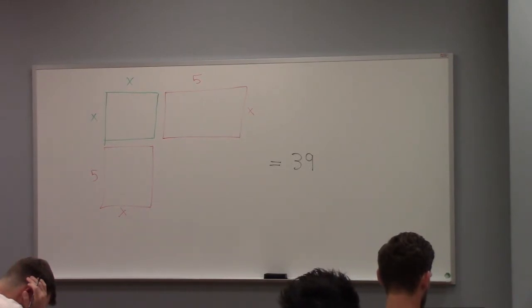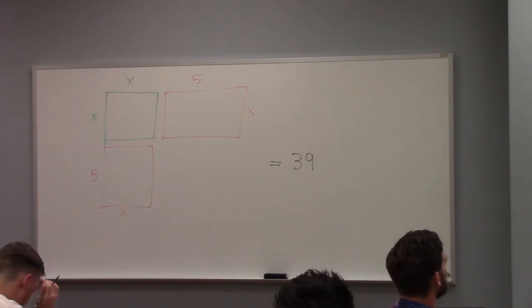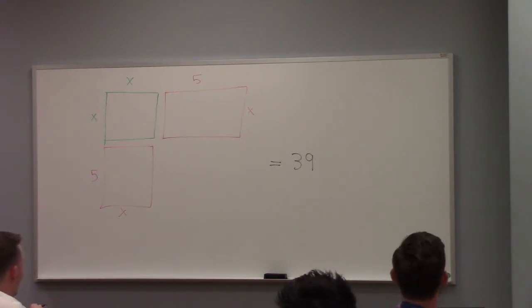Question, multiple choice. A is impossible. B, the area of the completed square is, let's see here, any answers?